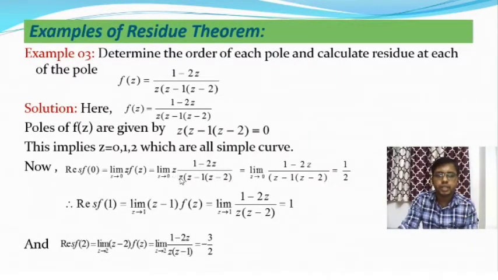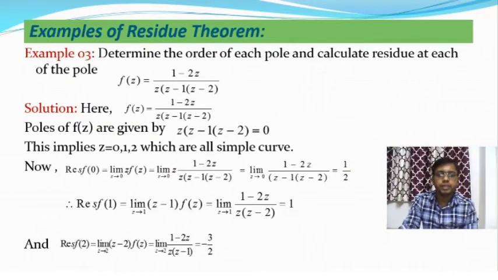After cancelling the term z in numerator and denominator, it gives limit z tends to 0 of 1 minus 2z by z minus 1 into z minus 2. Okay, so now put z is equal to 0 in this expression, and we will get the value 1 by 2. So therefore the residue at the point z is equal to 0 is equal to 1 by 2.